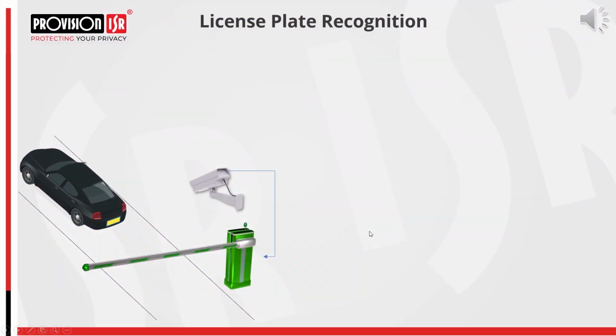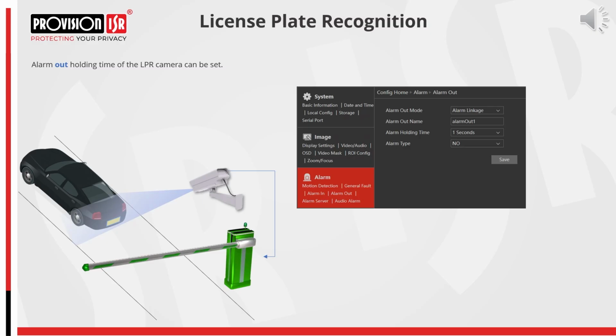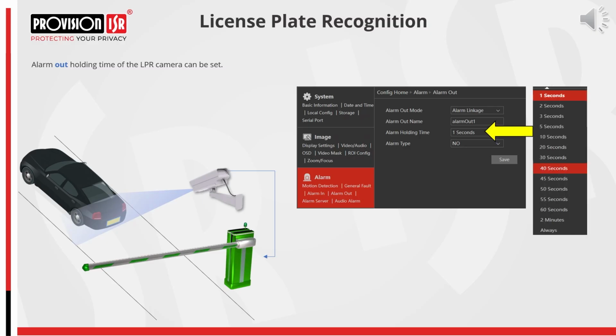The LPR camera includes a configurable alarm output holding time, which defines how long the relay remains active after a whitelisted vehicle is detected. This relay output is typically connected to a gate or barrier controller. Once a valid license plate is recognized, the camera triggers the alarm output and keeps it active for the defined duration, ranging from a few seconds up to longer periods, or even continuously if required.